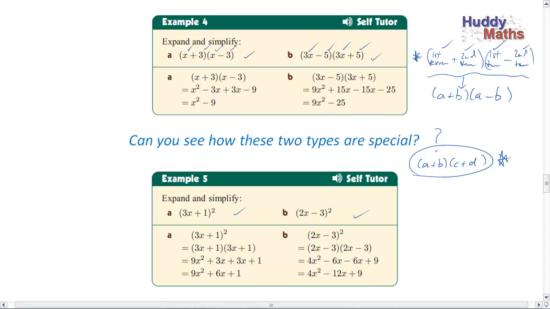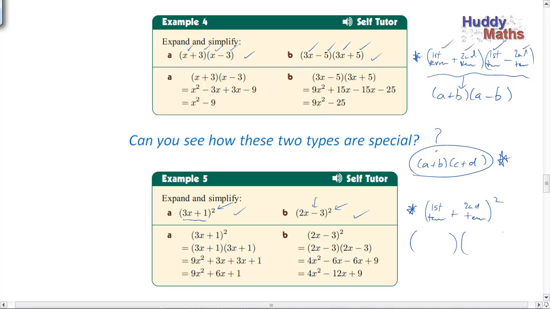All right, what about this one then? Just looking at the patterns now, we'll work them out in a minute. What'd you get for that one? I think you can see it's a square. So the two brackets are actually the same. It's the first term plus or minus the second term, because that's a minus in that one. And you multiply it by itself.